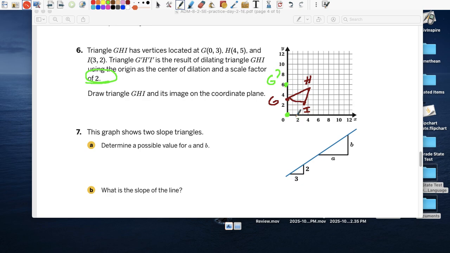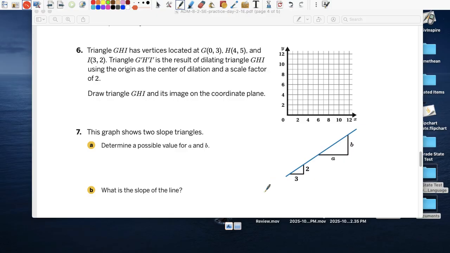To go to I, I go 3 right and 2 up, so we're going to go 6 right and 4 up. And this is I prime. To go to H, we went 4 right and 5 up, so we're going to go 8 right and 10 up. And this is H prime. So that's my second triangle.